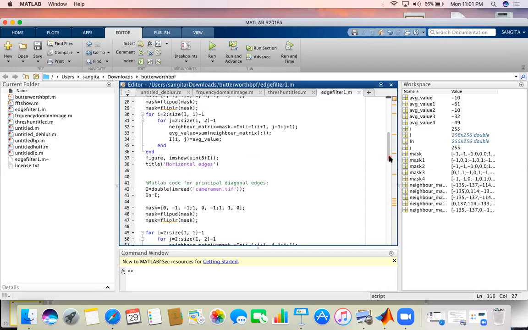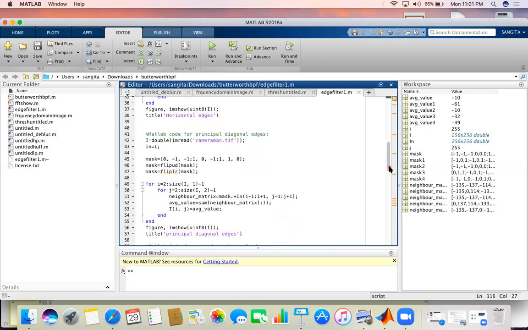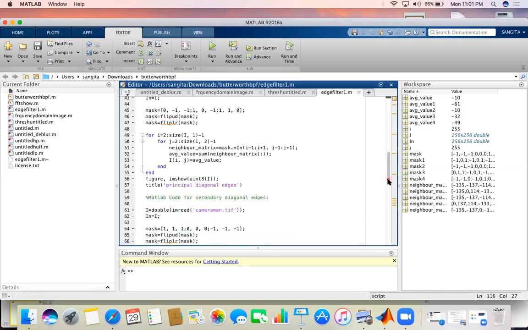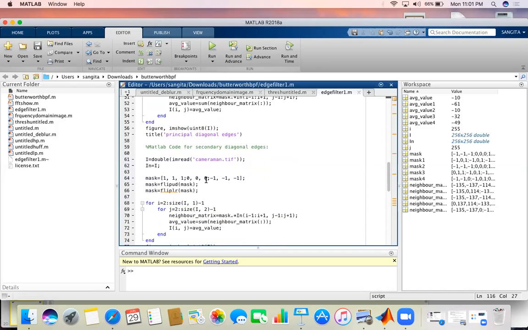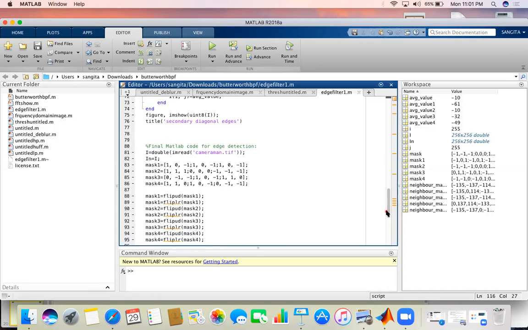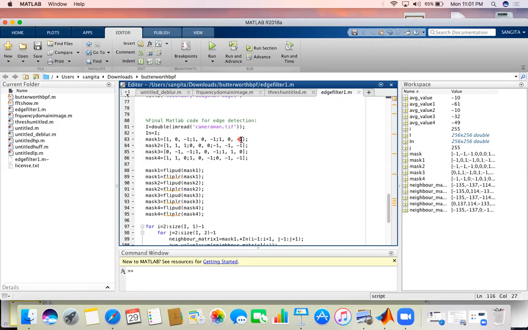And for the principal diagonal, it is 0 -1 -1, 1 0 -1, 1 1 0. Then the secondary diagonal, 1 1 1, 0 0 0, -1 -1 -1. And finally, the edge detection will be the combination of all these masks.